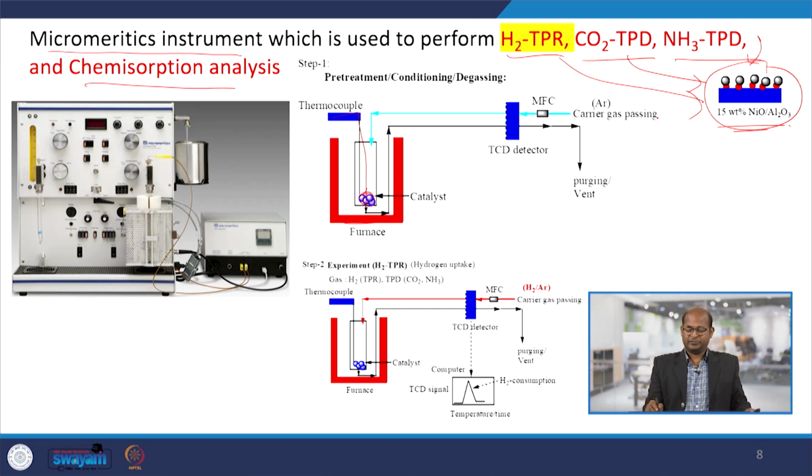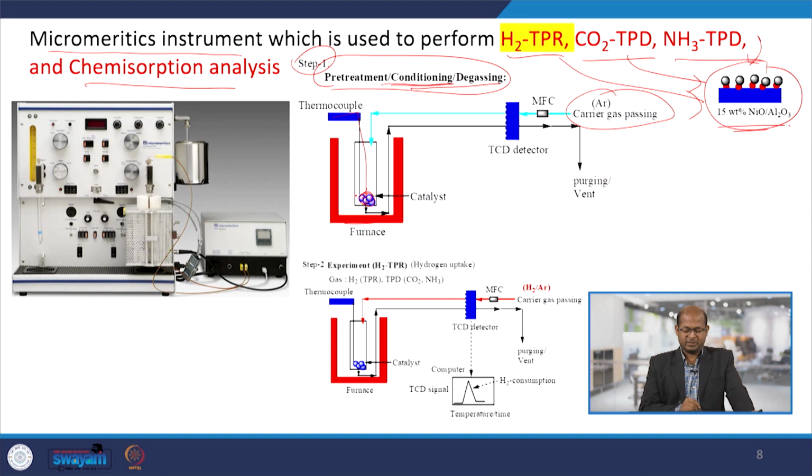First we have to do the pre-treatment of degassing, step 1. When we prepare the catalyst we store it inside a container, where it may adsorb moisture or CO2 from the atmosphere. So before starting the experiment we have to degas, that is, precondition or pre-treat the material at a particular temperature, maybe 200 or 250 degrees centigrade, by flowing some inert gas.